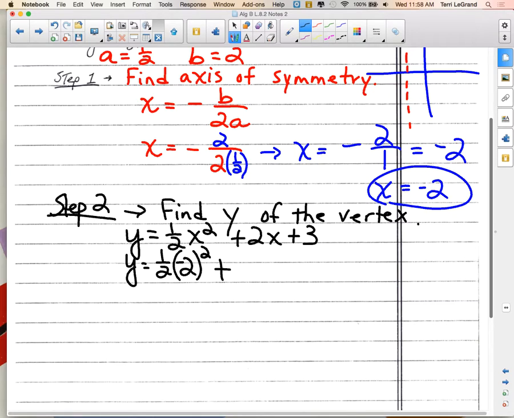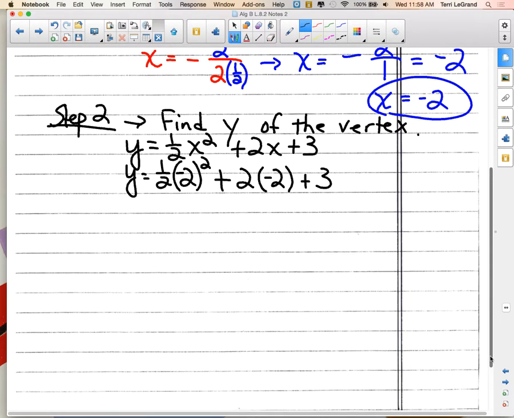Really important parentheses, not only to show multiplication here, but to show that we're squaring a negative number. So if you're using the multiplication dot instead, you have to put parentheses around your -2. And then 2 times -2, and plus 3. Again, we do not need a calculator for this, no matter how it looks.